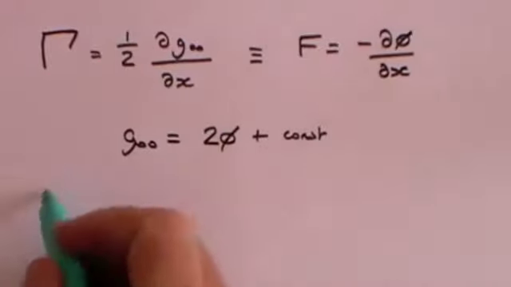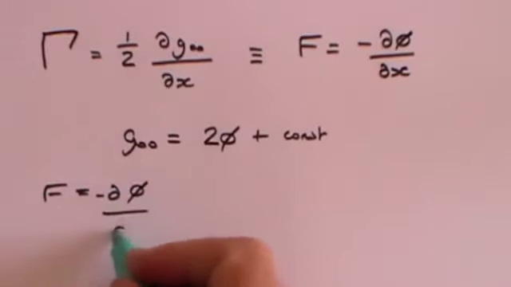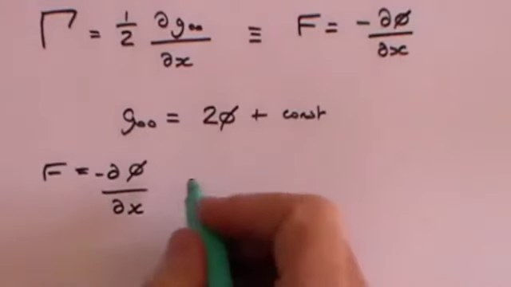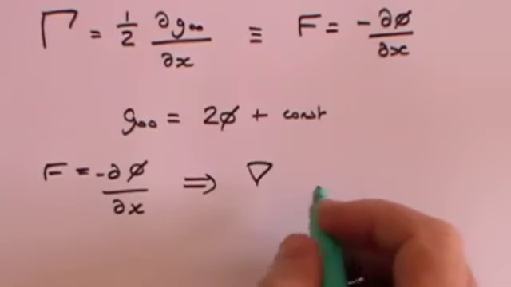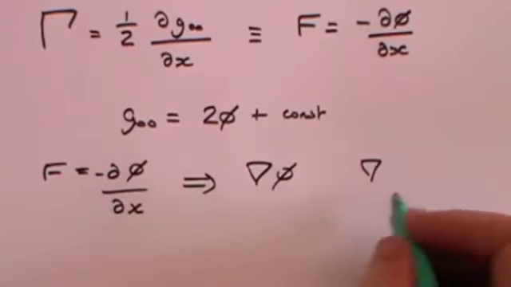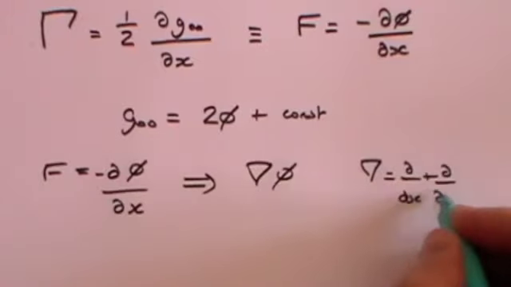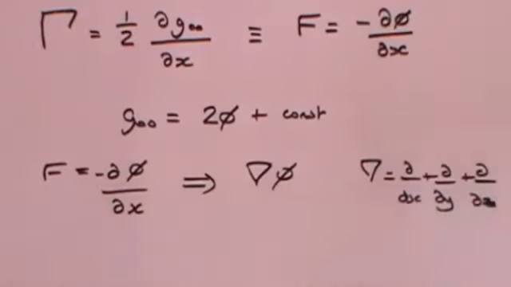Now, we've said that force is minus d phi by dx, but of course we really need to do that in 3 dimensions, and so that normally reduces to what is called the divergence of phi, where the divergence term is simply a d by dx plus a d by dy plus a d by dz term.